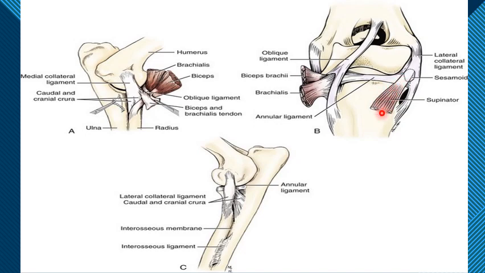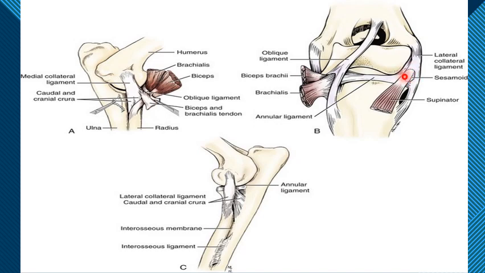This is the supinator muscle, and it passes over the bulbous eminence. And this is the lateral aspect of radius. At this bulbous eminence only the supinator muscle passes, and a sesamoid bone is also associated with this supinator muscle. So here we have the sesamoid bone.